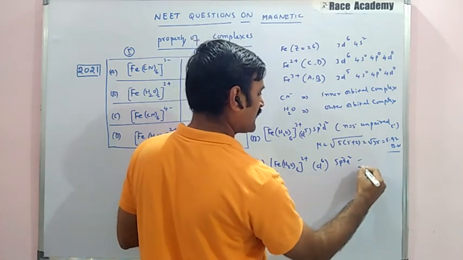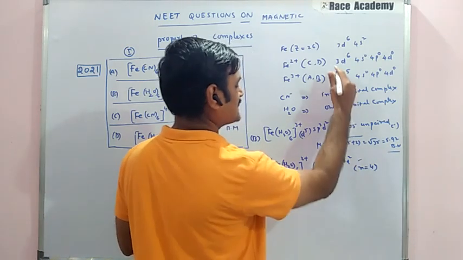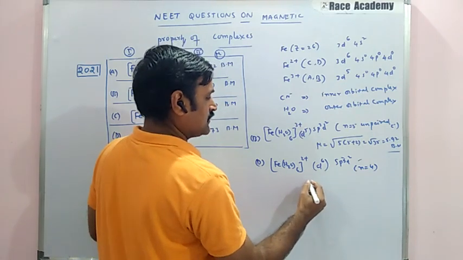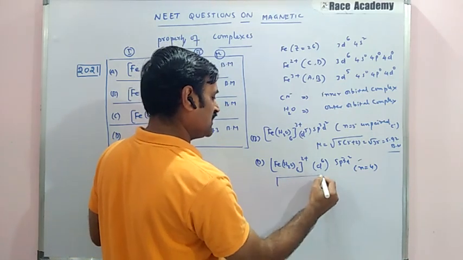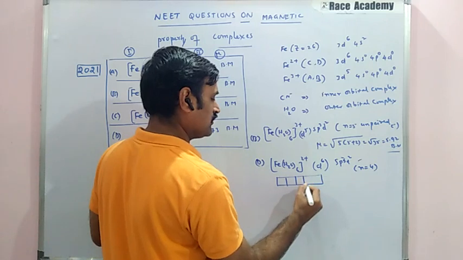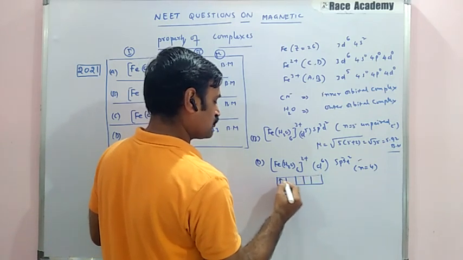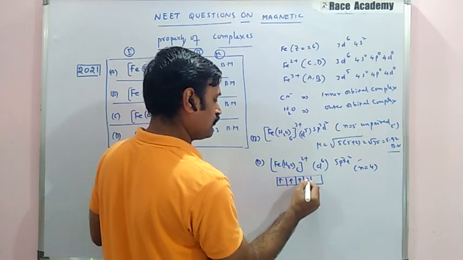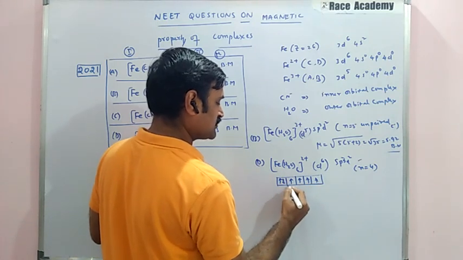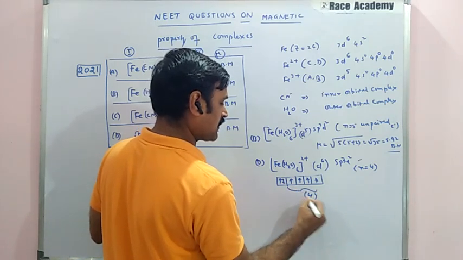There are 4 unpaired electrons in the d6 configuration.